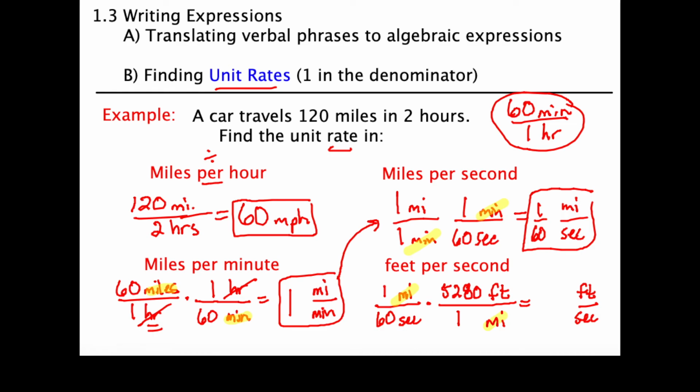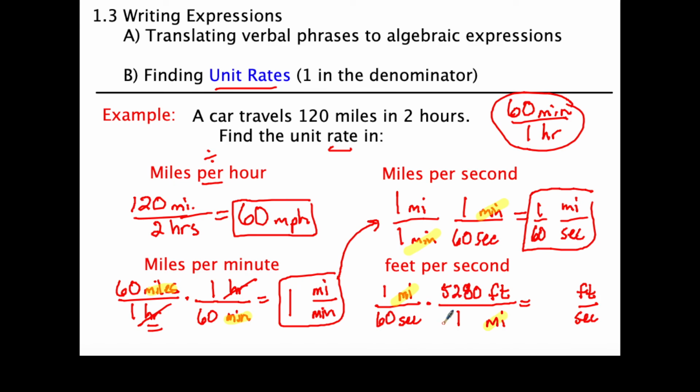So again, I can multiply that 1 by 5,280. I can multiply that 60 on the bottom here by the 1 mile over here. Basically, the ones don't really matter. We multiply by 1, things don't change. But I'm going to divide what's on the top, so 5,280, by what's on the bottom.